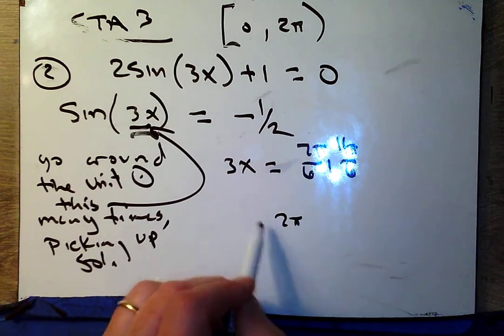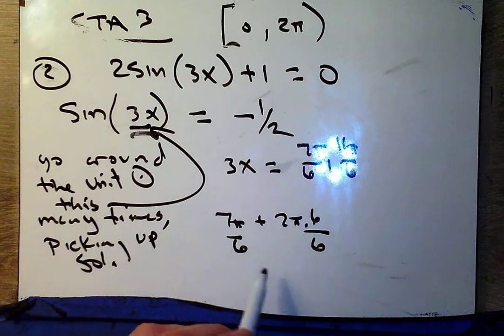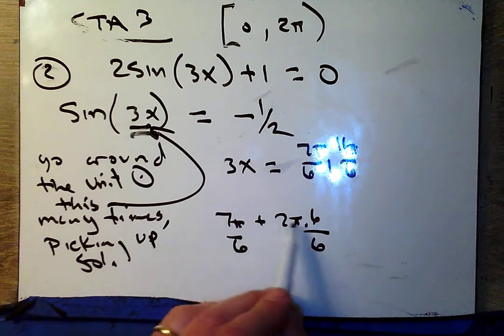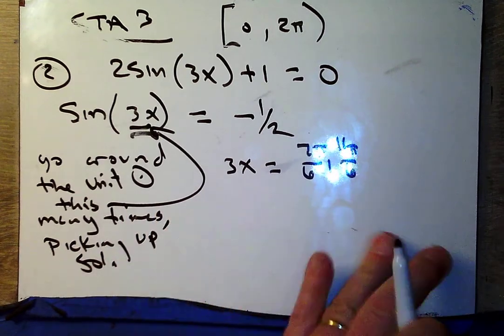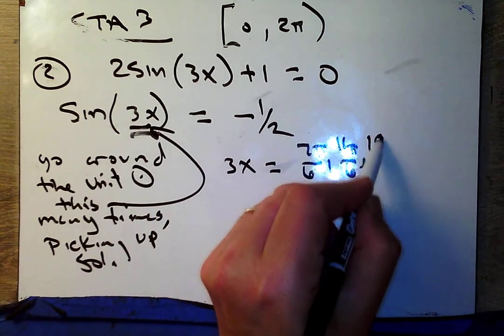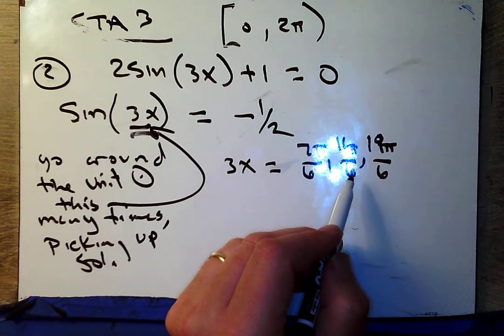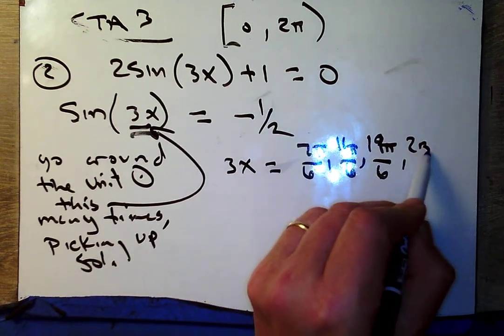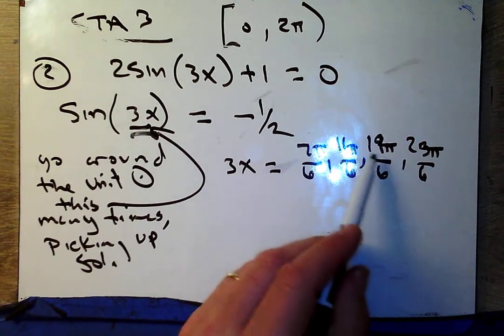So 2 pi is going to be 12 pi over 6. So 12 pi over 6 plus 7 pi over 6, and that's going to be 19 pi over 6. And I'm going to add 2 pi as well here, and so I get 23 pi over 6. Now remember, that's the second time around.